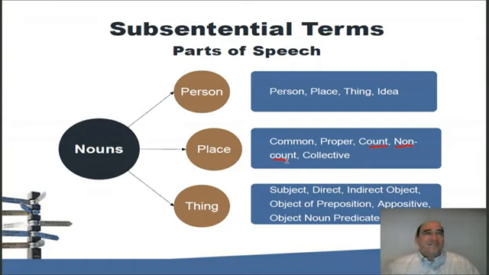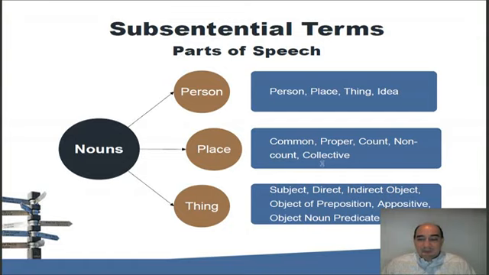I can't count rice, one rice, two rice. No, one grain of rice, two grains of rice. I can't count corn. I can't even count pants, which looks like it ends in a plural. How many pants you got? I got two pair of pants. I got three pair of pants. Three pants? Yeah. Anyway, so there are count and then there are non-count.